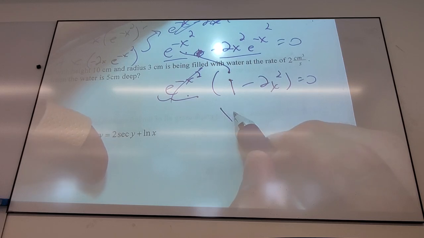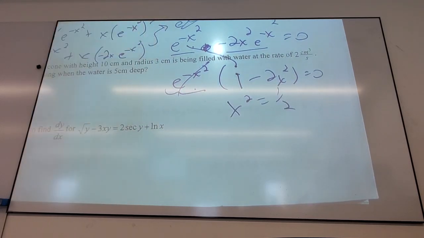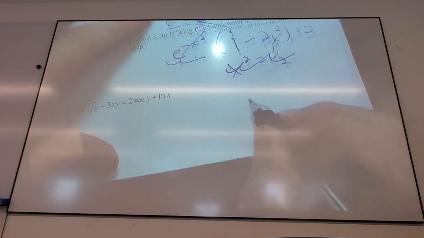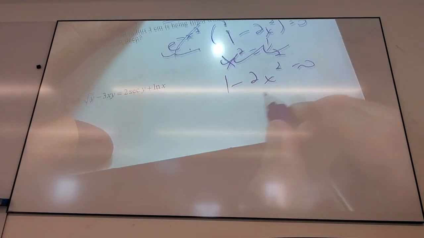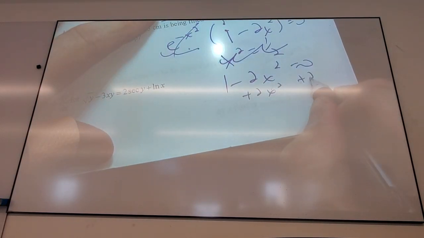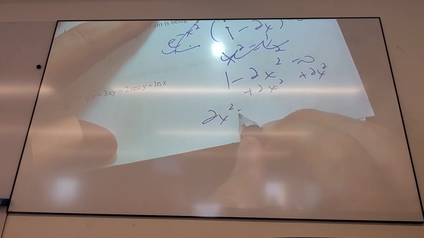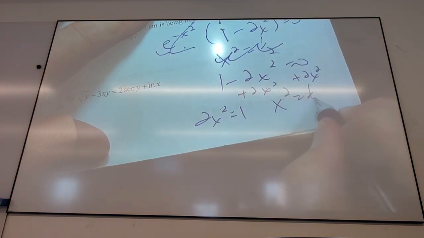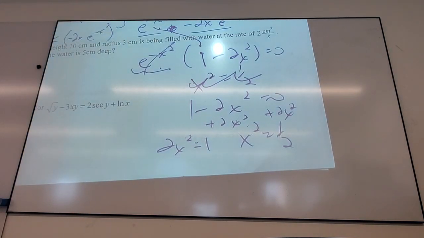Yes. If x squared equals 1/2, is that cool? Add the 2x squared, divide by 2, and you get to where I got. And then what's the last step there?